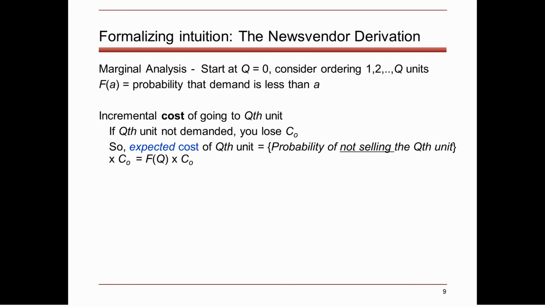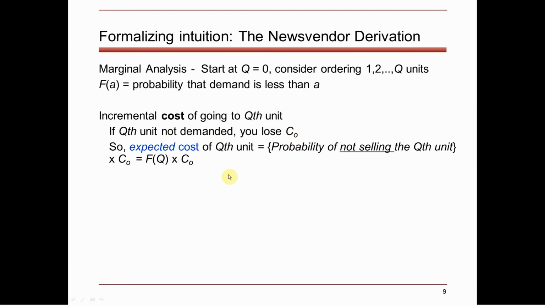Okay, so if the Qth newspaper isn't purchased, then we lose CU. In other words, if we don't get that Qth one, we lose exactly that one unit.